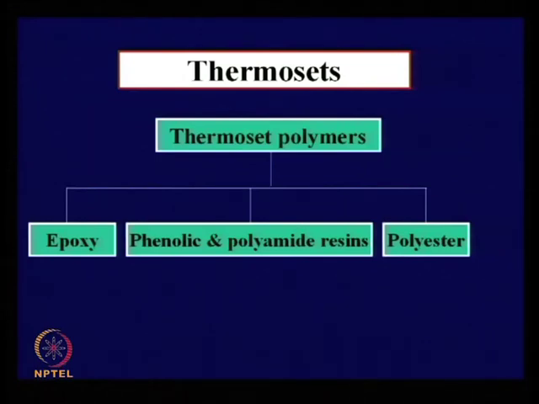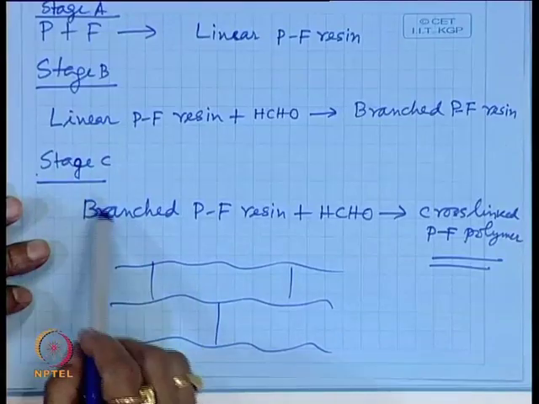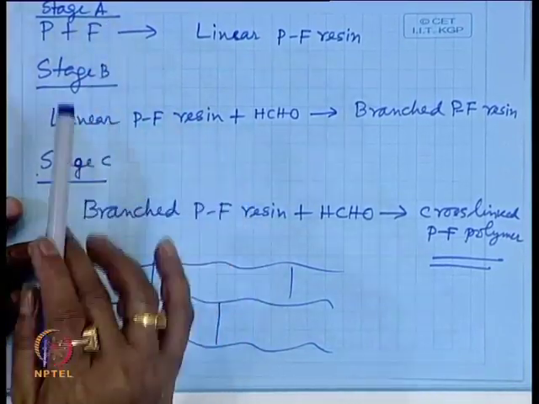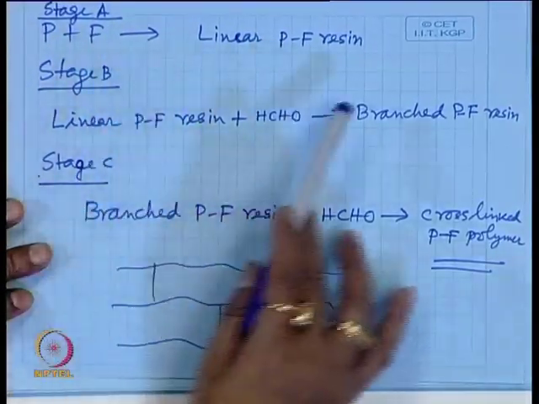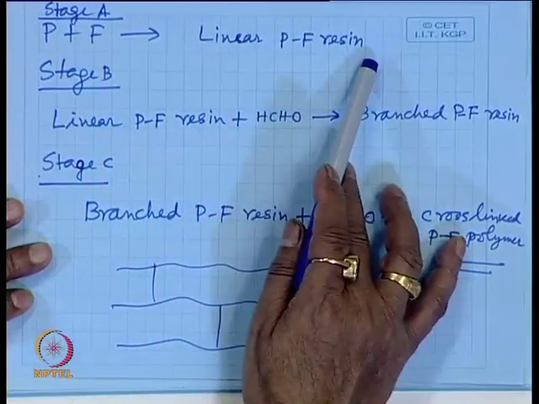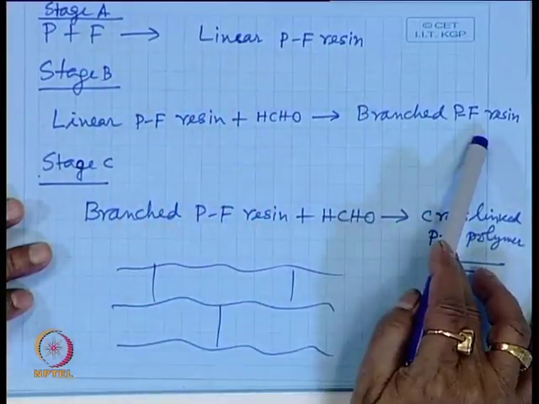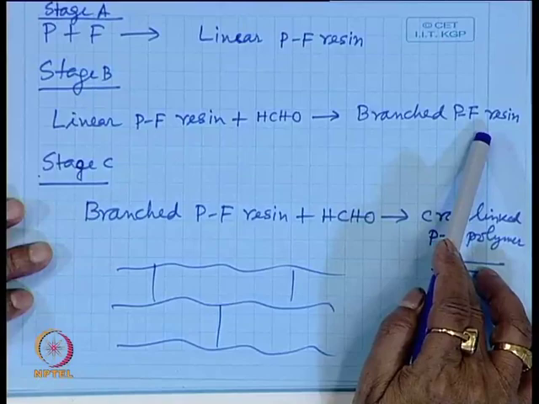You have seen in the synthesis of phenol formaldehyde resin, urea formaldehyde resin, melamine formaldehyde resin, that these polymers initially remain in the thermoplastic stage, linear, and then when branched they are still in the thermoplastic stage.